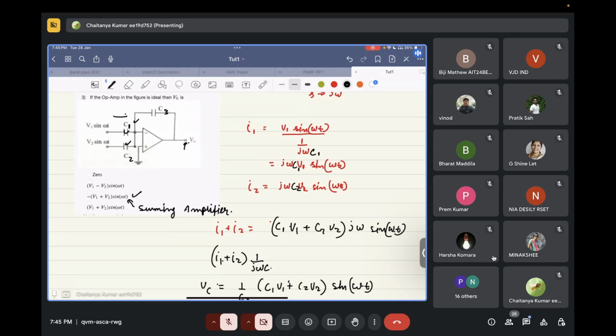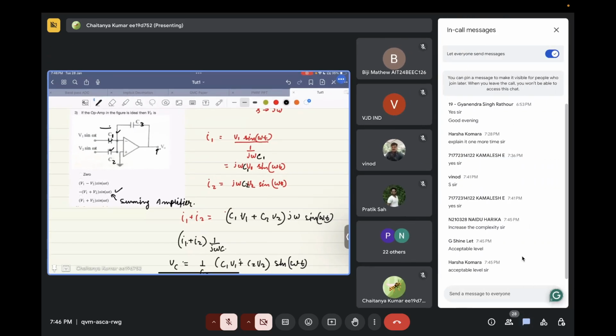So, one quick demographic, can you guys help me with? Most of you are in which year of your bachelor's? I hope everyone is BTech, right? So, most of you are in which year of your BTech? Can you guys quickly paste in the chat window?